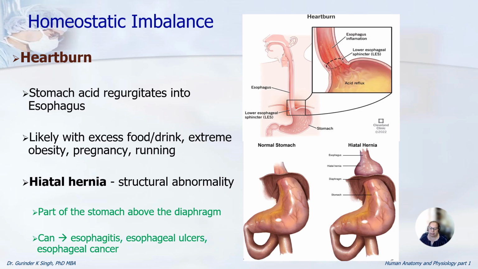Some of the homeostatic imbalances of the esophagus include heartburn, when the stomach acids are regurgitated into the esophagus. As I mentioned, as we age the sphincter may not stay extremely tight and becomes loose, so it can allow the acid to come inside.